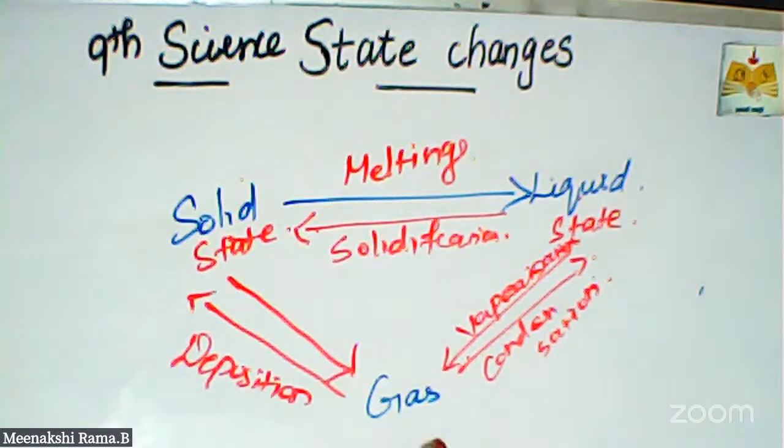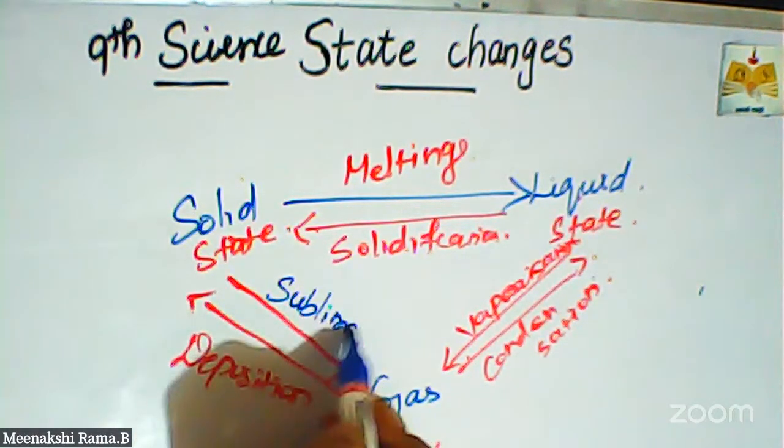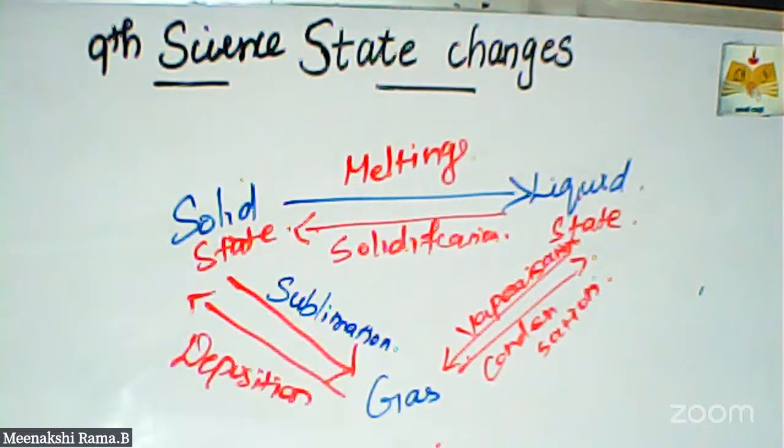Solid is directly changed into the gas state, which is called sublimation. First thing, solid state is changed into liquid state, which is called melting.